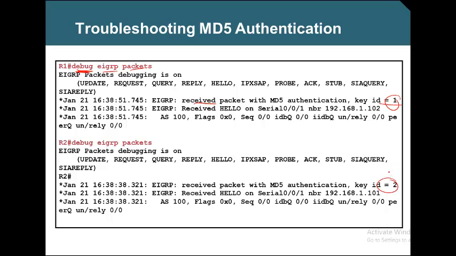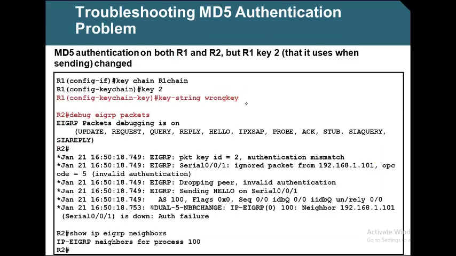On both the routers, you enable this debug command. This is receiving key ID 1, which means R2 is using key ID 1. And this is receiving key ID 2, which means R1 is using key ID 2. Mismatch. And sometimes the key also mismatches. The key ID may be correct, but the key string itself is different.